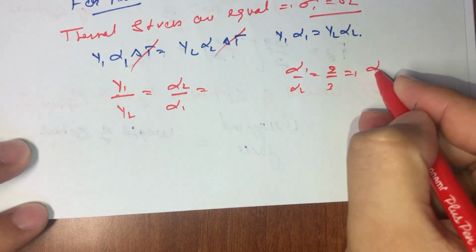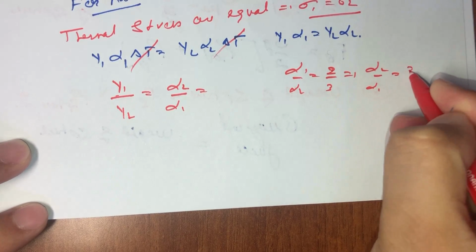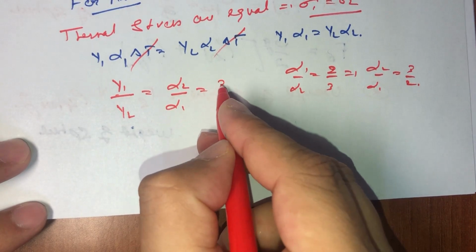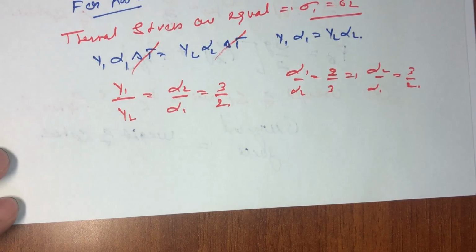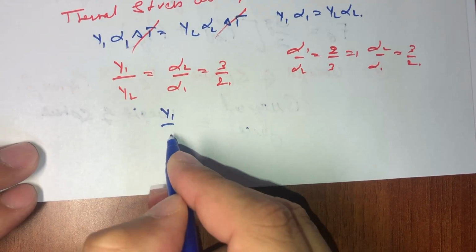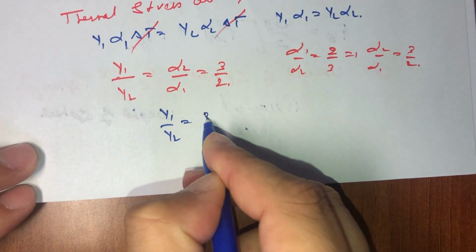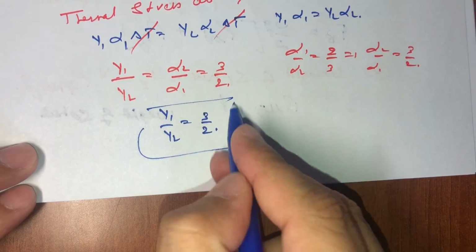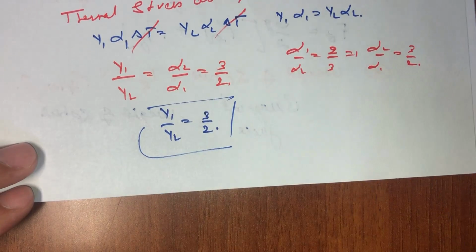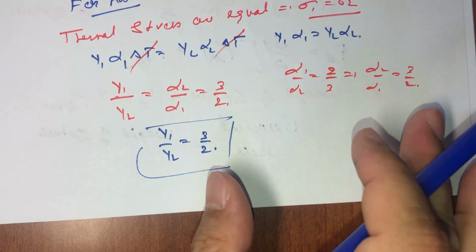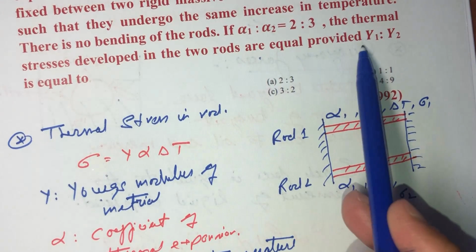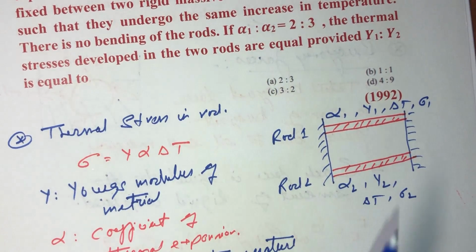So from here we can say that alpha 2 upon alpha 1 is equal to 3 by 2. Therefore, the Young's modulus ratio y1 to y2 will be equal to 3 by 2, because it says that thermal stress developed in the two rods are equal, provided y1 and y2 are equal to.